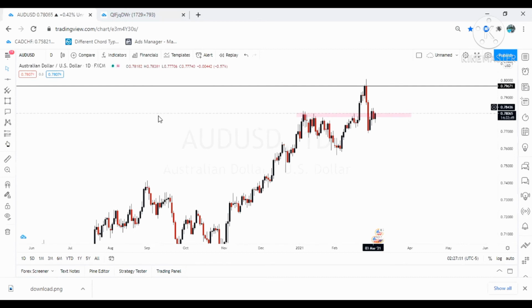So we want to understand what's happening here by gaining perspective on a lower time frame. So the key word here is perspective. This is why we use multiple time frames for perspective.